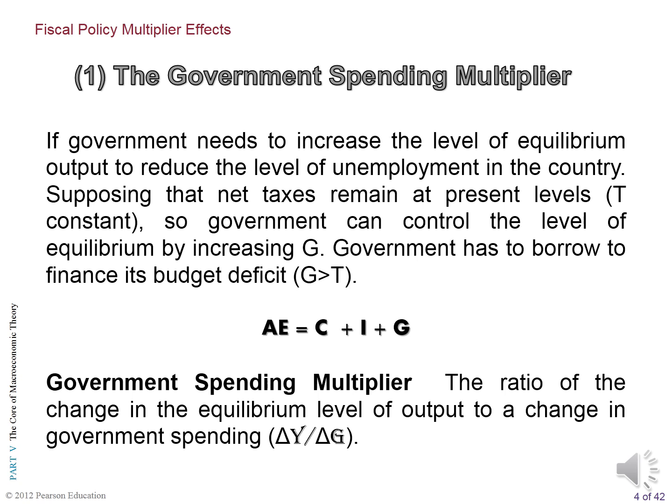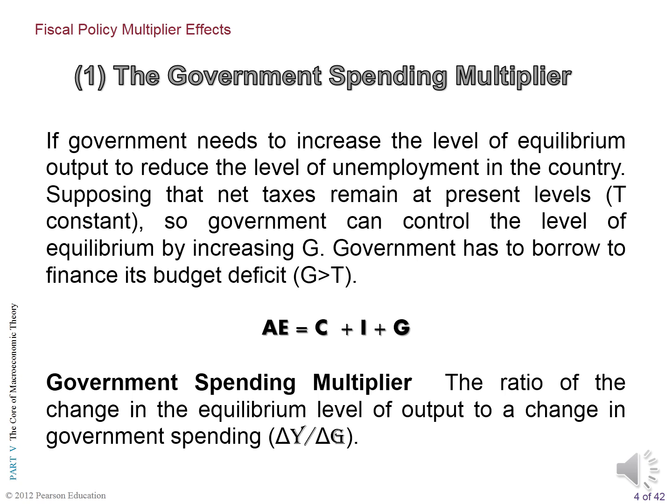So if you look at this equation, aggregate expenditure equals consumption plus investment plus G, you will find that the effect of investment is the same as the effect of government spending on aggregate expenditure, which induces the increase in output or production.